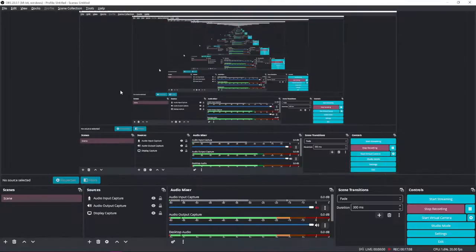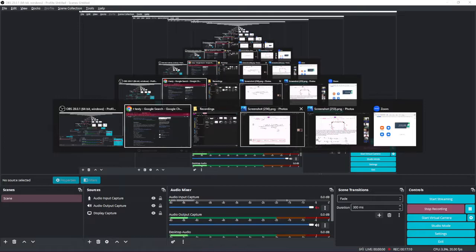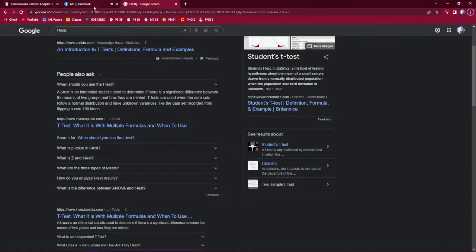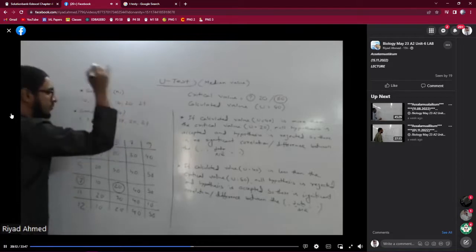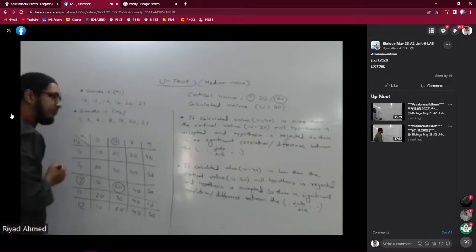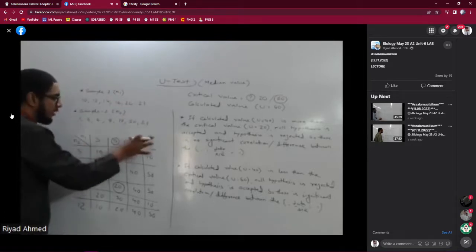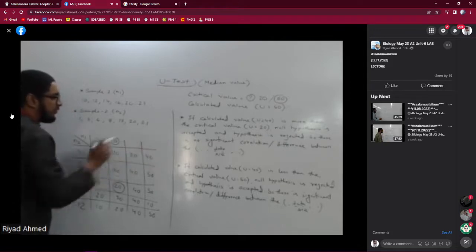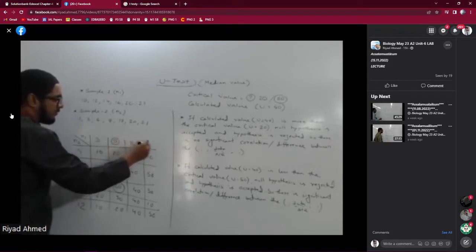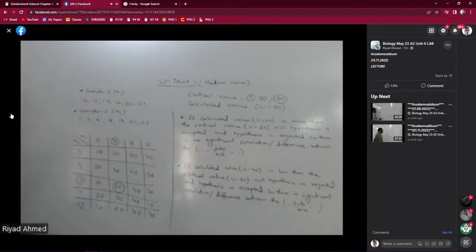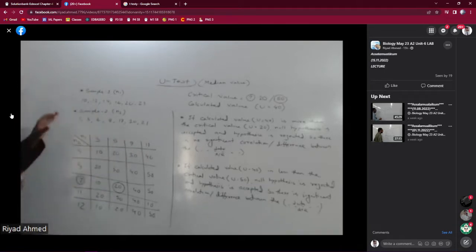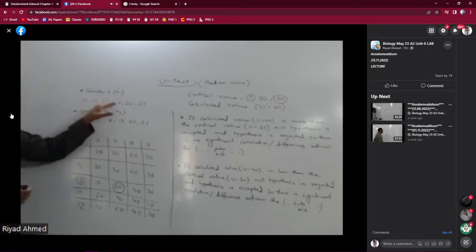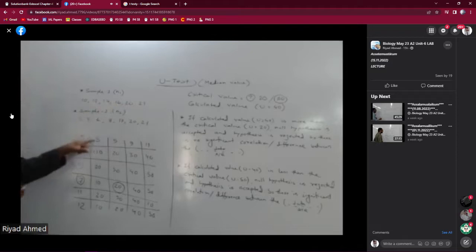For example, look at the box. Here is 21. Then how to identify? I already informed that. How many samples are present? 1, 2, 3, 4, 5, 6. So is there any 6 present?